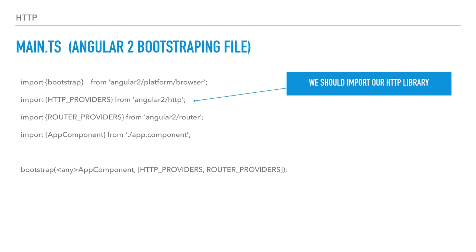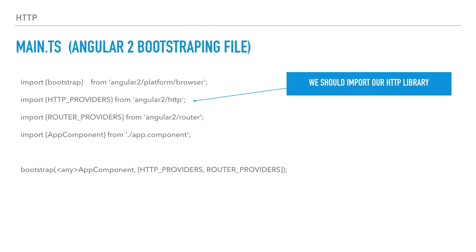At this point, it's worth mentioning the main.ts, which we have talked about very little, but at some point I said that this is the file for bootstrapping Angular 2. As Angular 2 HTTP is an external library, we should pass this as a parameter in the array of providers. So this is new syntax.